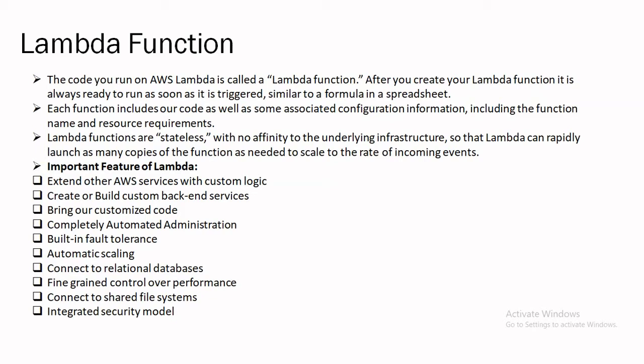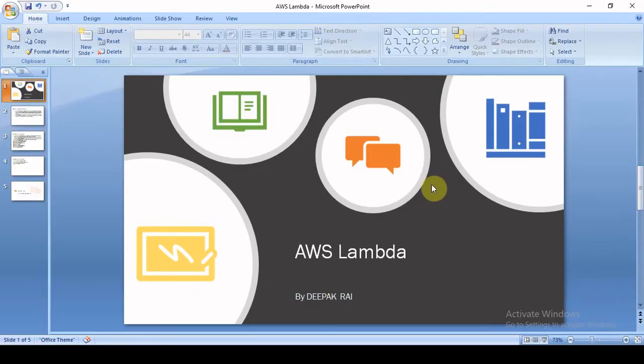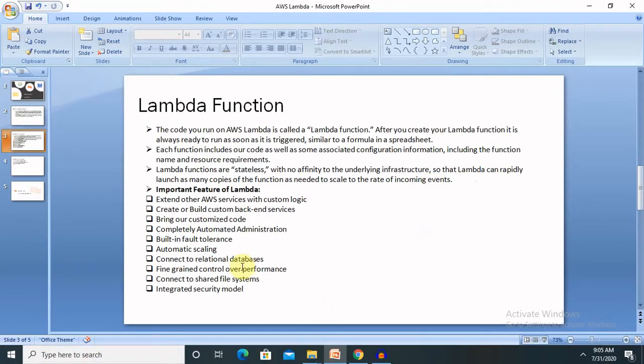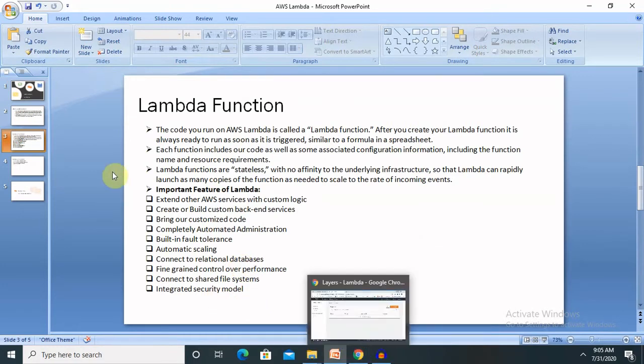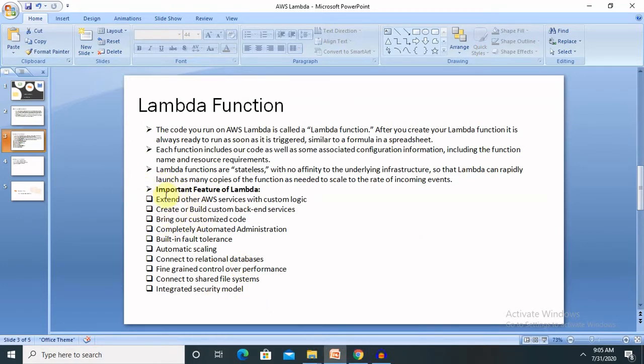Let's see how we'll create it in our login credential and use it for further notifications. I will explain the important features at the end so that it will describe how it is beneficial for our Amazon Web Services login credential.